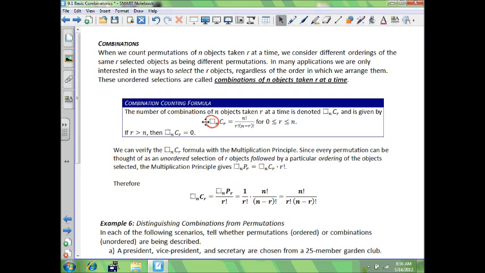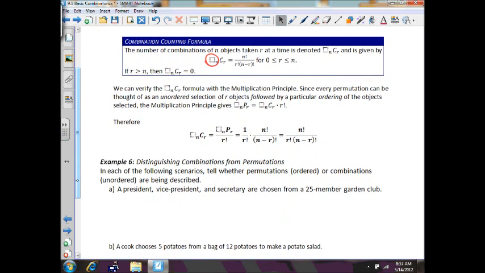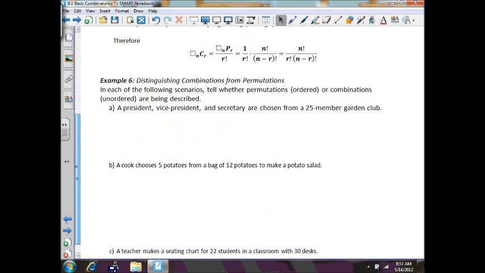Since every permutation can be thought of as an unordered selection of r objects, followed by a particular ordering of the objects selected, the multiplication principle gives nPr equal to nCr times r factorial, which means that nCr will be the permutation divided by r factorial, or 1 over r factorial times n factorial over n minus r factorial, which in turn becomes n factorial divided by r factorial times n minus r factorial. So again, we are not ordering these.